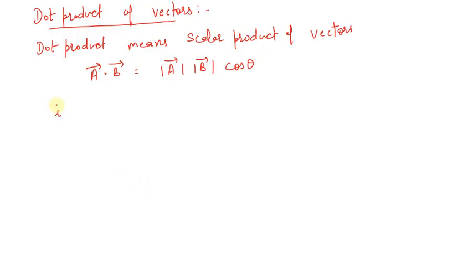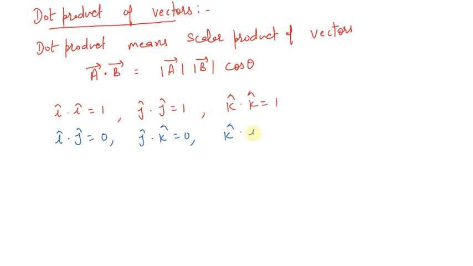Now I dot I is 1, J dot J is 1, K dot K is 1 because angle between them is 0 degree and here cos 0 is 1. I cross J is 0, J cross K is 0, K cross I is 0.